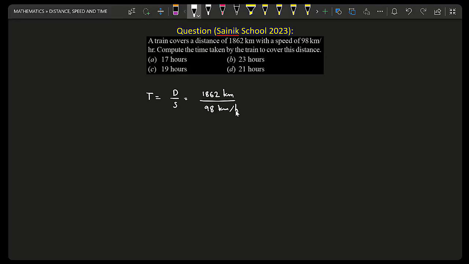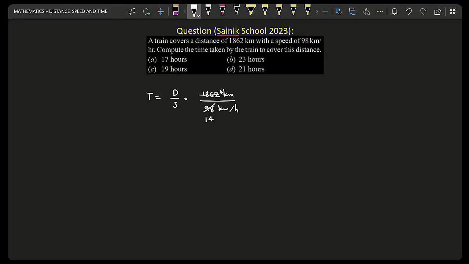Yes, 1862 and 98. Can we simplify this? Yes, sir. 98 is divisible by 7, right? So we can check by 7. 7 ones are 7, 7 fours are 28. Now the numerator you divide by 7. 7 twos are 14, 7 table 18.